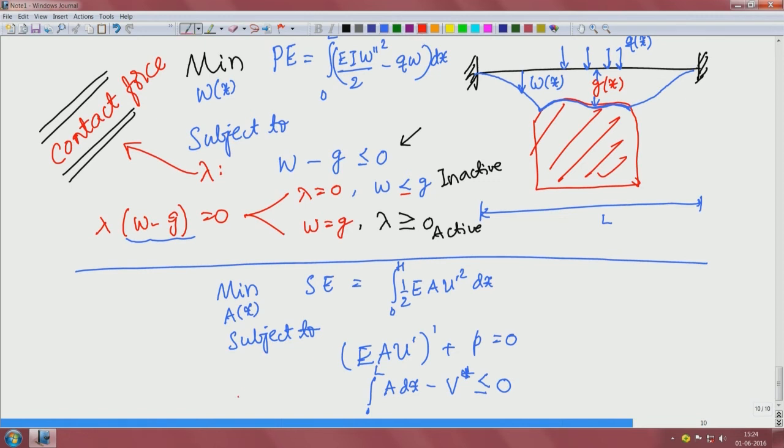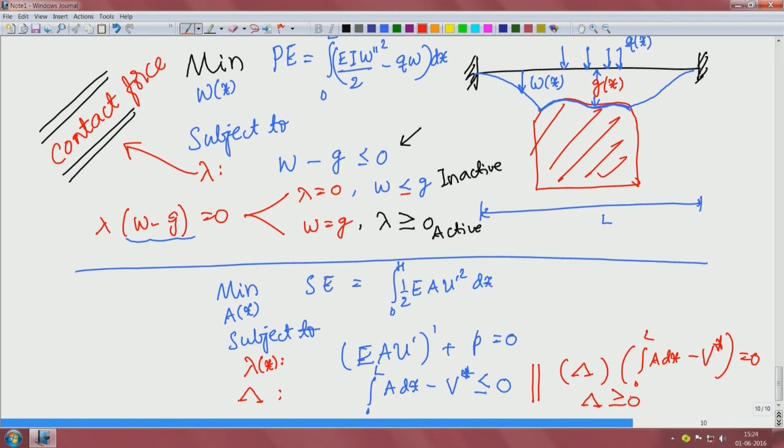Whenever we put an inequality, there is a corresponding multiplier. Here it is lambda of x, and here we use a lowercase Greek letter for a function and an uppercase Greek letter for an unknown constant. Whenever you have this, here also we can write the complementarity condition: lambda times the constraint, the integral from 0 to L of A dx minus V star, equal to 0, and lambda is greater than or equal to 0.